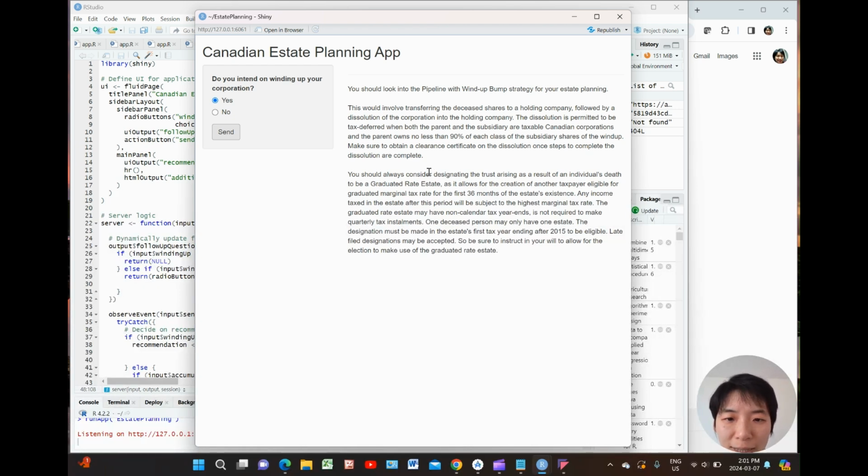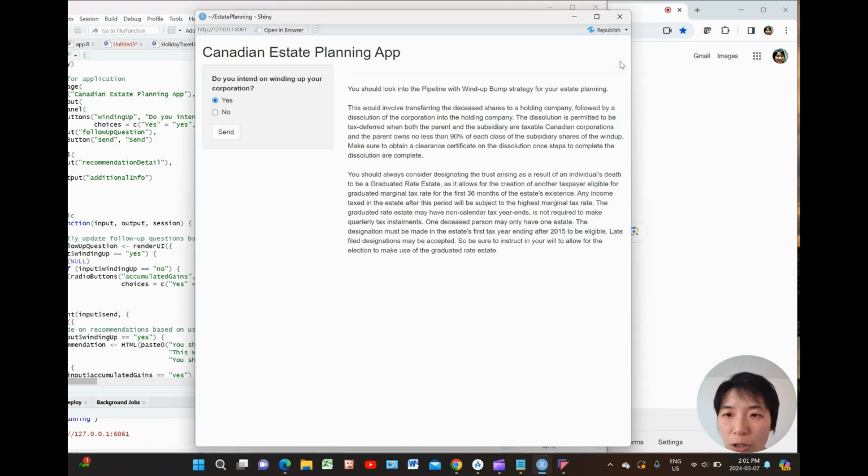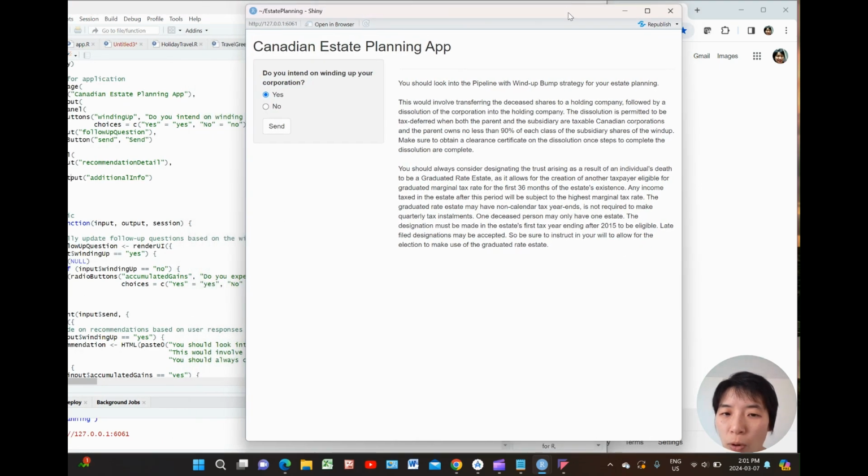And you can see that this is followed up by the additional information paragraph that we have here that I had tagged on to all of the recommendations. So let's just have a bit more detailed walk through this, because this is applying to essentially all the estate planning situations.